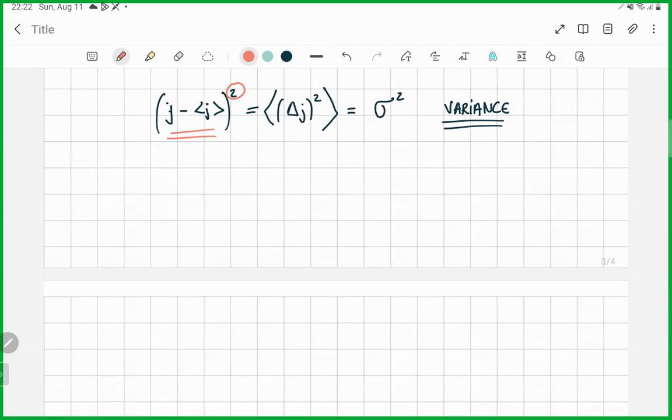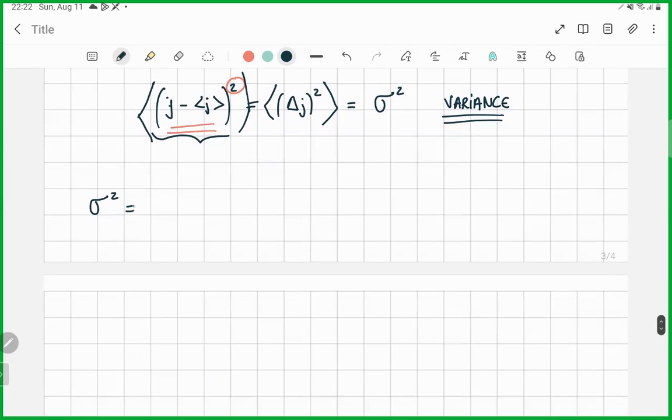Sorry, I forgot to put here the mean of this square, which will be a positive value. The bigger this value is, the more spread out the distribution is. Well, this is the definition of variance, but let's work a little bit more with this equation and put it in a form that I'm sure you've seen before.